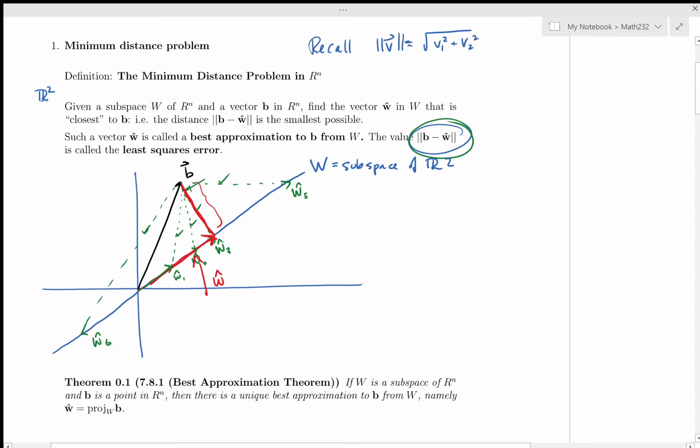So what is W hat? W hat is in fact the projection of B onto W. And I claim that if you choose W hat to be this one, then the distance between B and W hat is minimum.